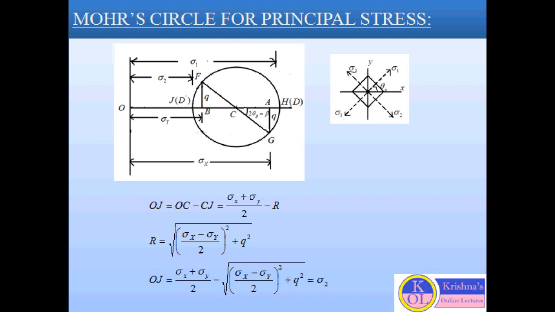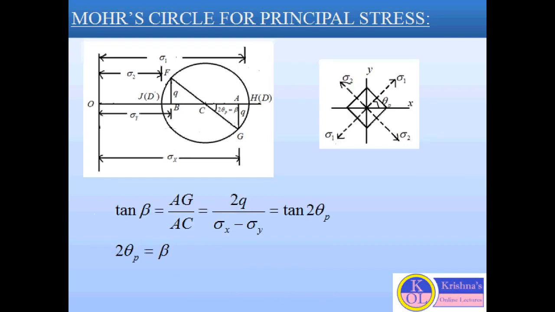The value of OC we already have, sigma x plus sigma y by 2, and CJ is the radius of the circle. If we put the value of r here, the equation will be sigma x plus sigma y by 2 minus the square root of (sigma x minus sigma y by 2) whole squared plus q squared. This is the value of sigma 2.